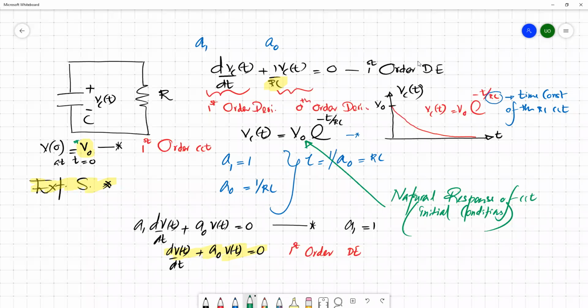For such a circuit, whatever expression you obtain for the voltage or current is defined as the natural response of the circuit. Natural response means the impact of the initial condition.